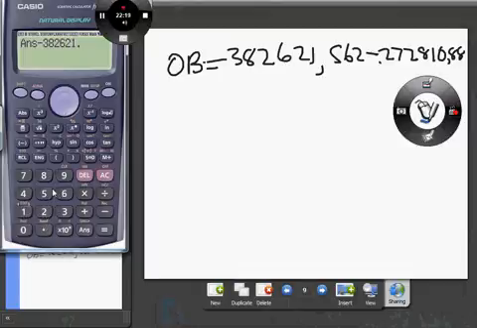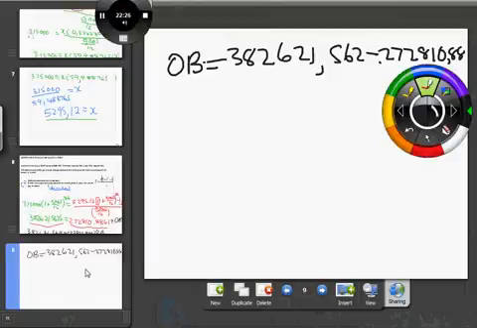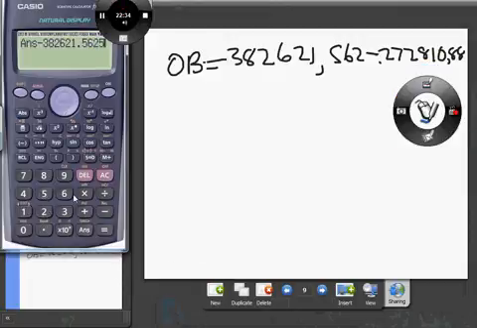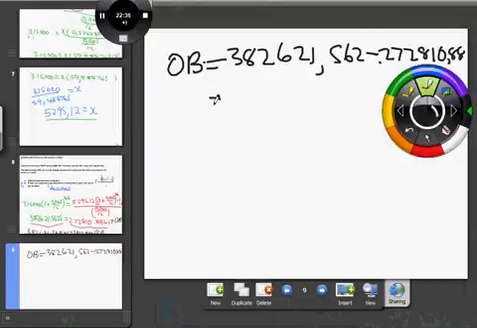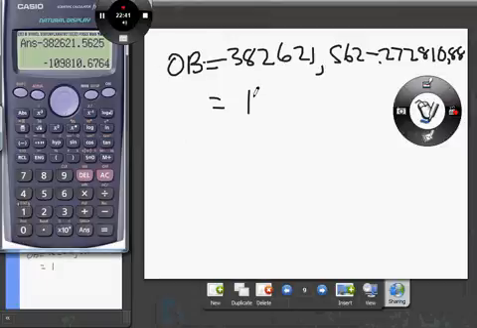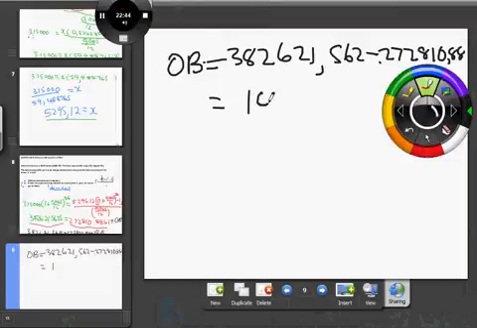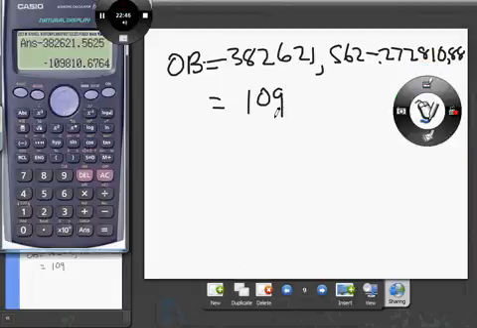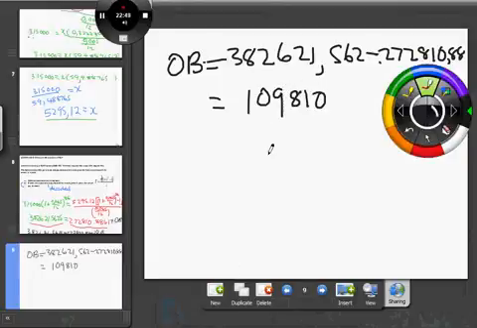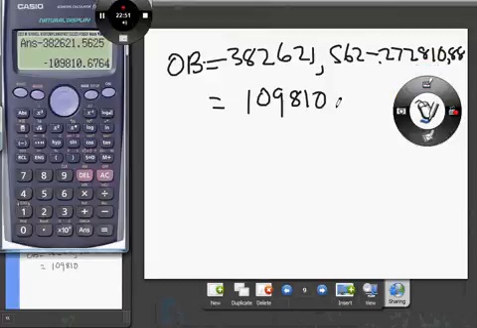I just continued with my calculator, so it looks negative, but it's not negative. That's 109,810.68. That's the outstanding balance.